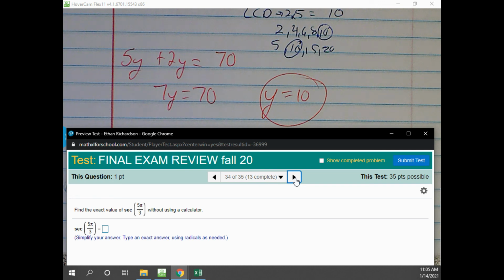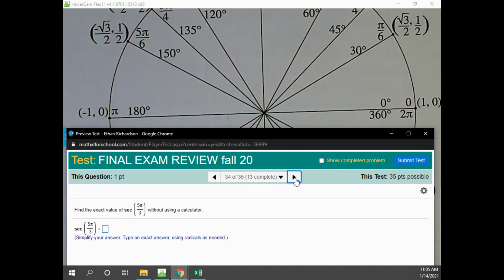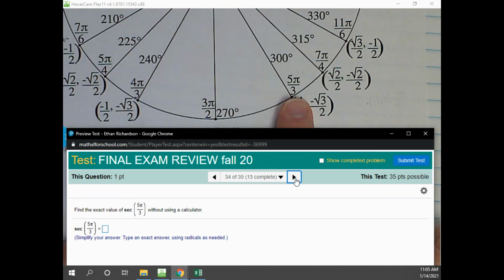So for 5 pi over 3, find 5 pi over 3, right there.